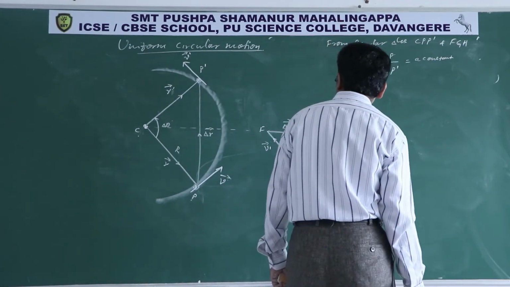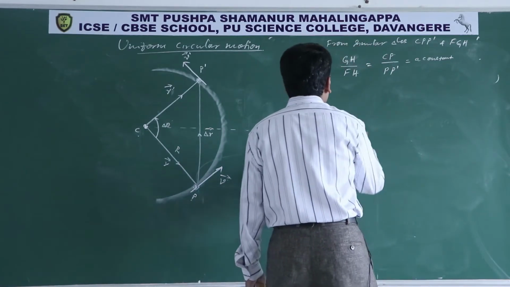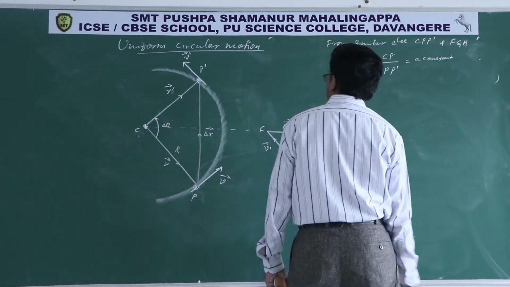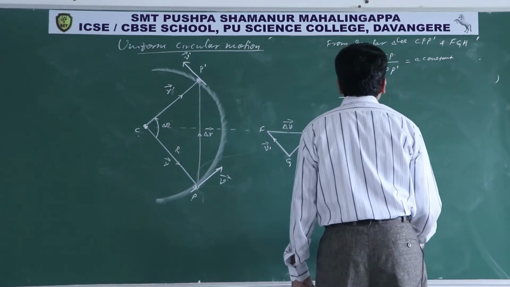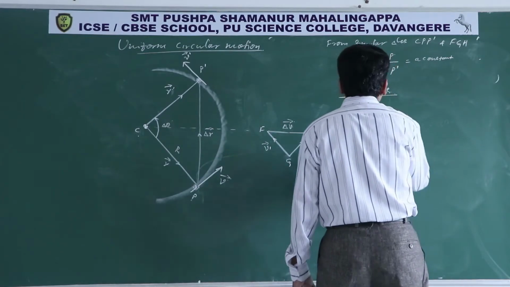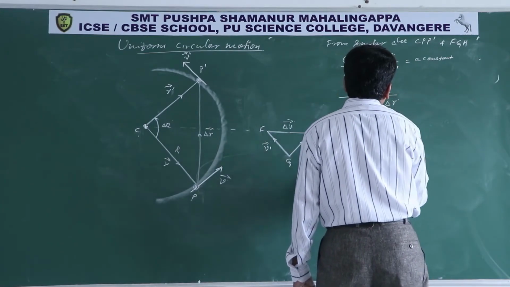So please put the corresponding values. GH is v, FH is delta v, is equal to CP, CP is taken as r, divided by delta r. Okay.